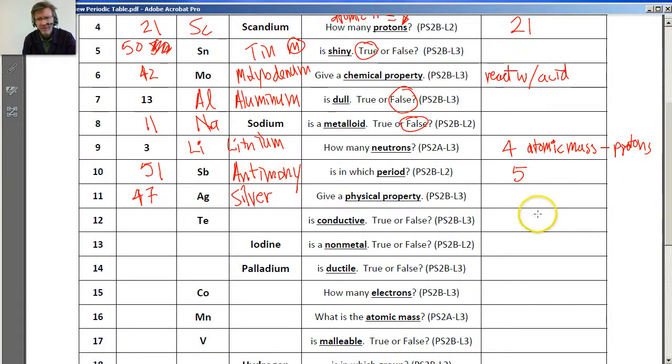It's malleable. People make it into jewelry, all sorts of stuff. So let's say it's shiny. That's a physical property. You could also say it's a solid. Or if it was a liquid, you could say it was a liquid or a gas, but it's not a liquid. Anyway, you've got a lot of choices for physical properties. Don't be so stumped by physical properties. Almost anything can be used as a physical property.